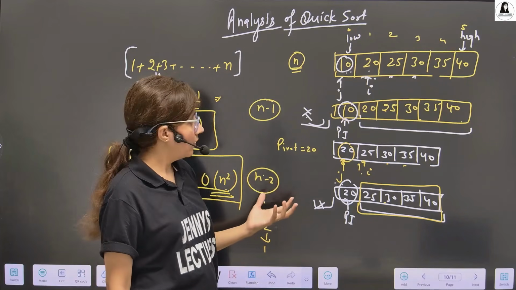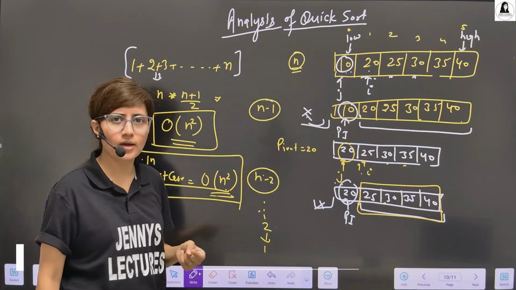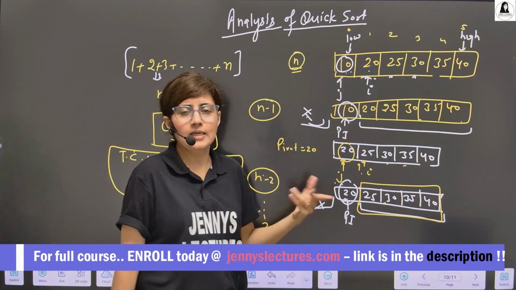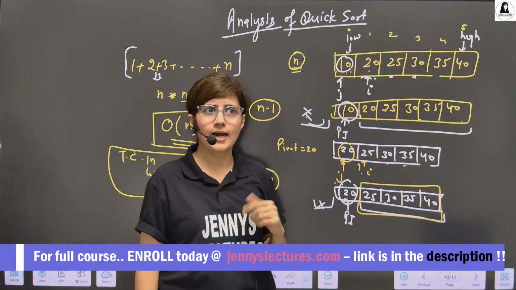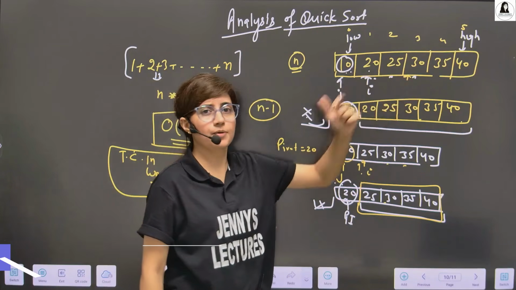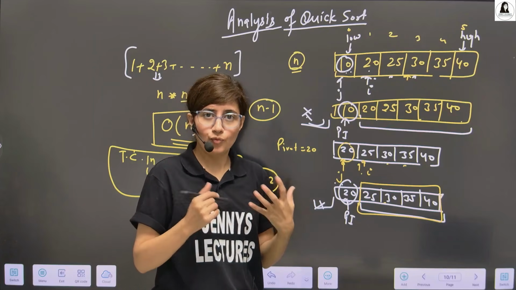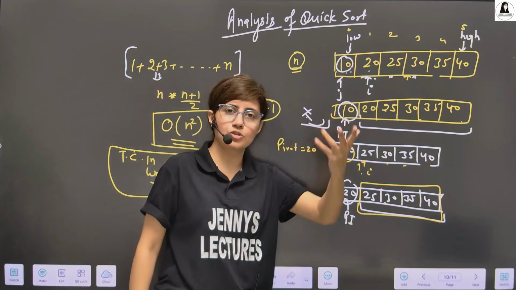Yeah, you can optimize this also, even in this n square case. I just pick a random element as the pivot. I don't take this or this as the pivot. I take a random or the median element as the pivot. Maybe in that case, we can optimize the time complexity to n log n, maybe not n square.